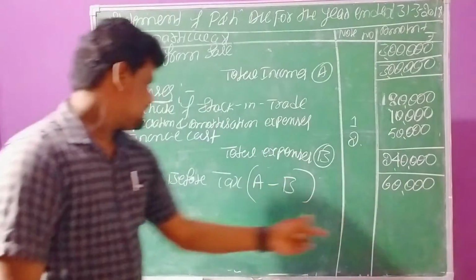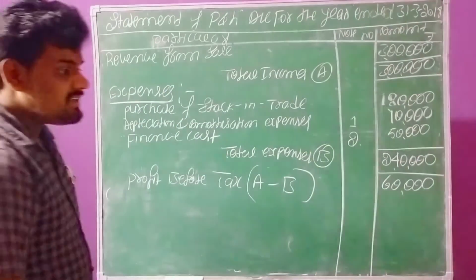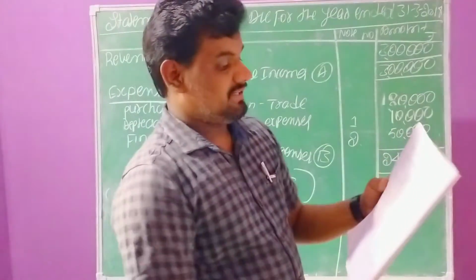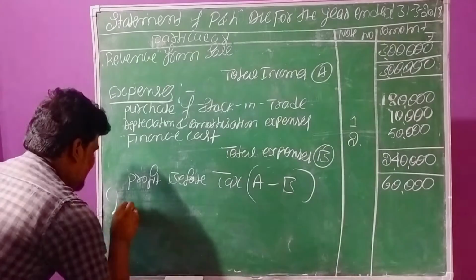This is profit before tax in the business. Again, there is tax in the question. The tax rate is 30%, right? Less tax.